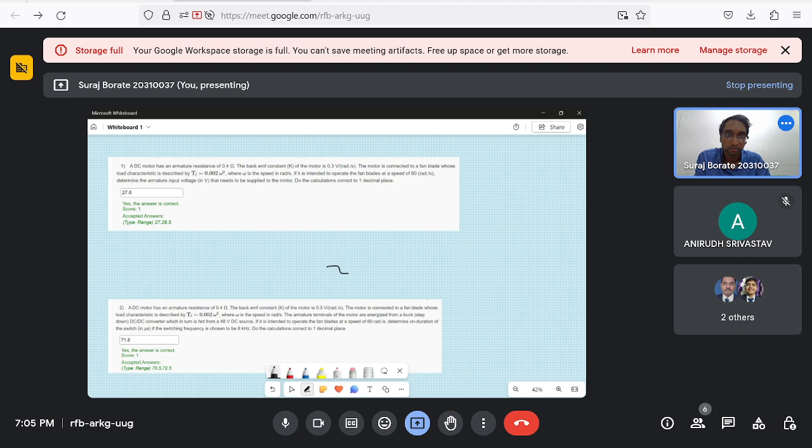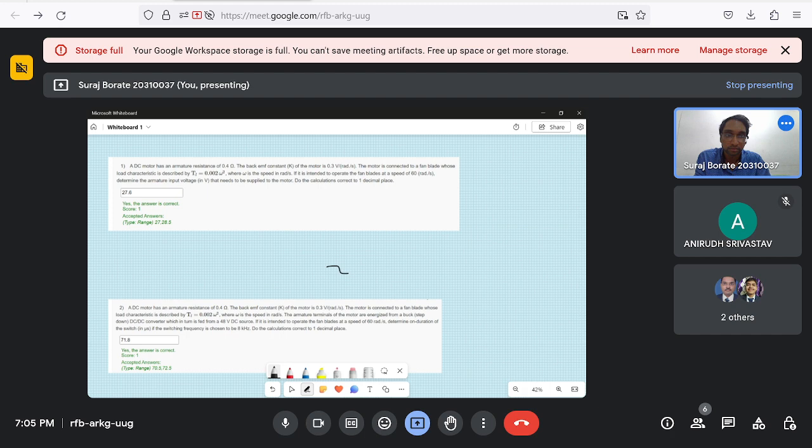Someone tell me the value of duty cycle, how much it's coming. Calculate. So are you guys trying to solve or are there doubts? So 27.6 divided by 48, 0.575. Good. So once we know D, that was our logic, right?